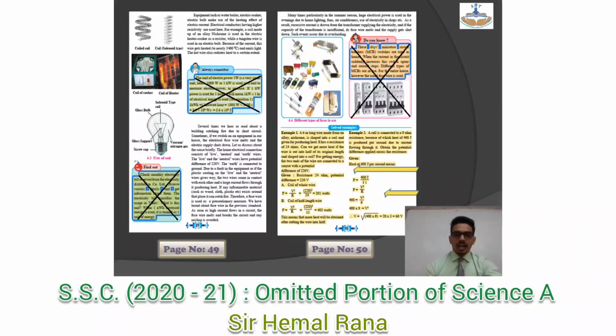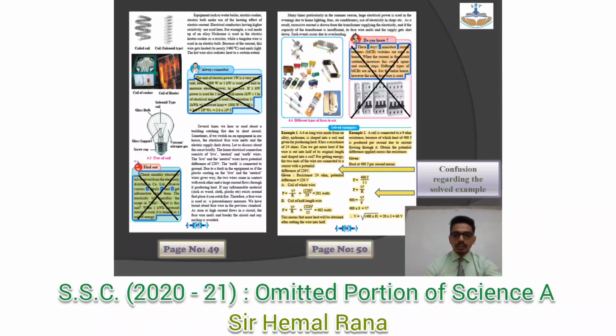Now students, I want to tell you, on page 50 there is a confusion given by the government in the sheet. In that sheet, they have given another page number for the first 2 examples which are not there.